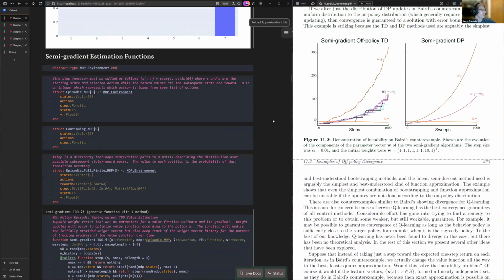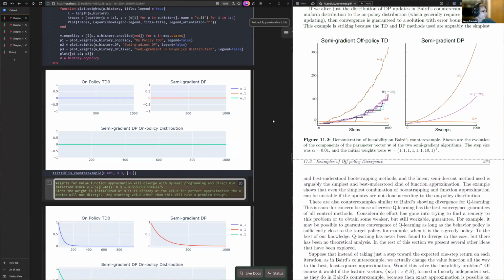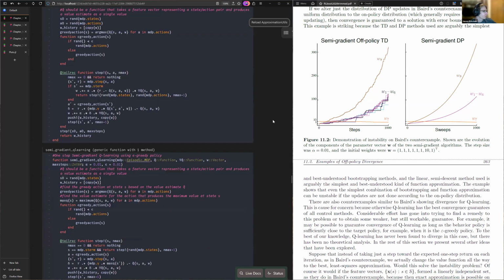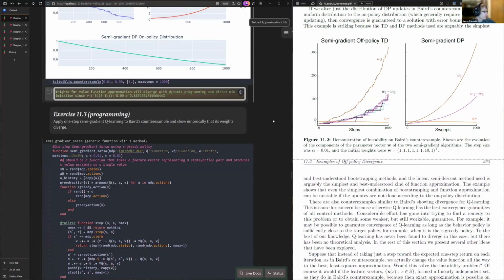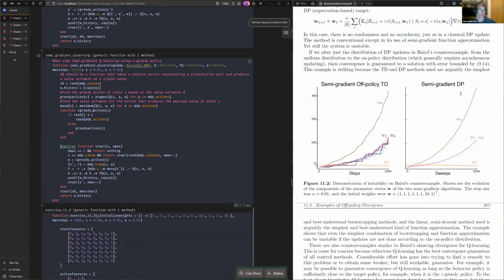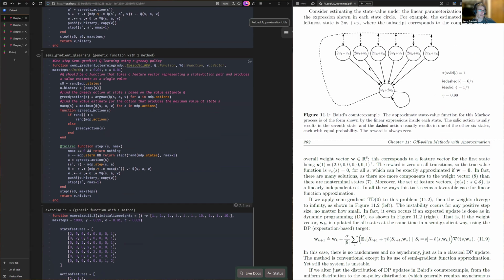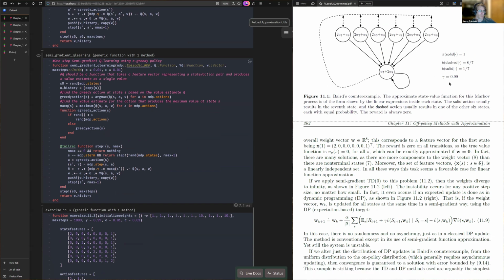So, it still seems like if you alter Q-learning so that I just have an explicit behavior policy, which is not epsilon greedy, then it should diverge just like the TD method diverged, but I don't know. I wasn't seeing that either.